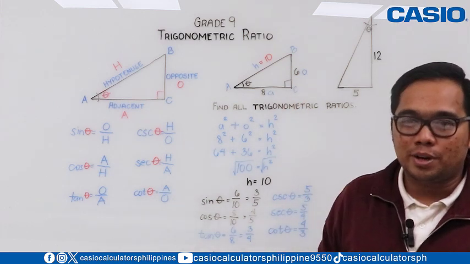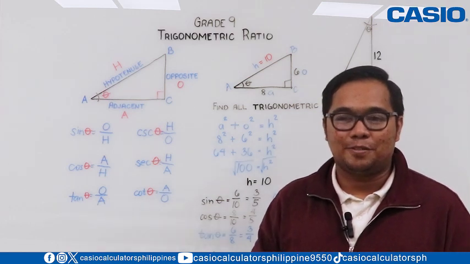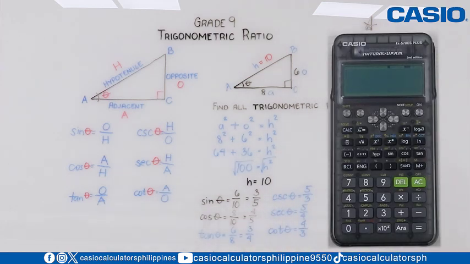Now let's do some computation using our calculator. Now to use our calculator, aside from having the values themselves, we can always observe and take note of our reference angle.